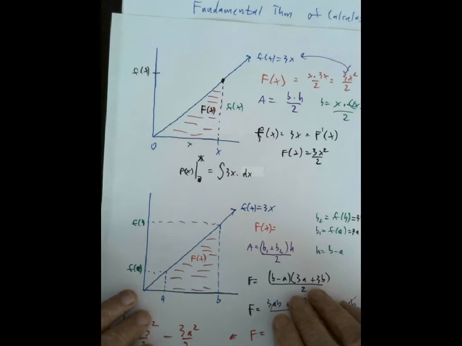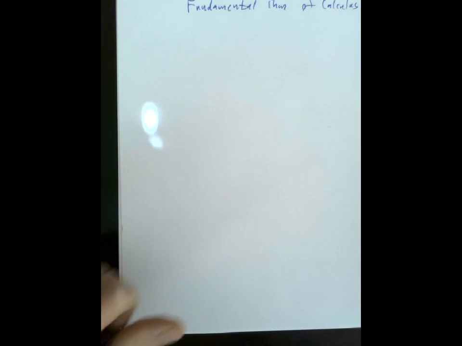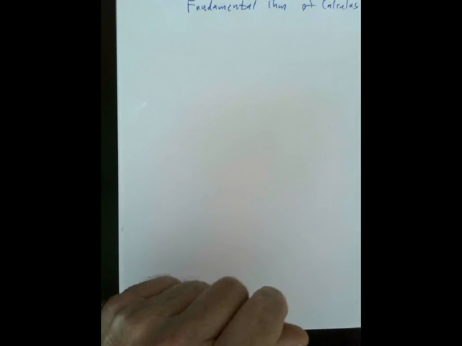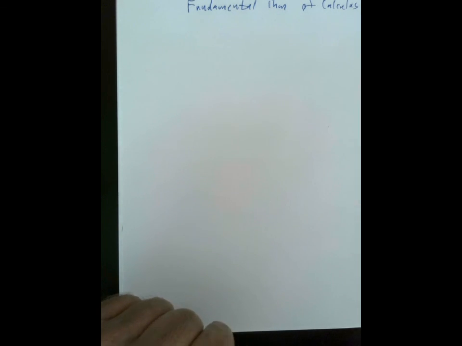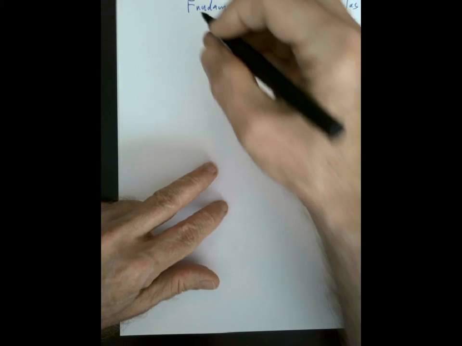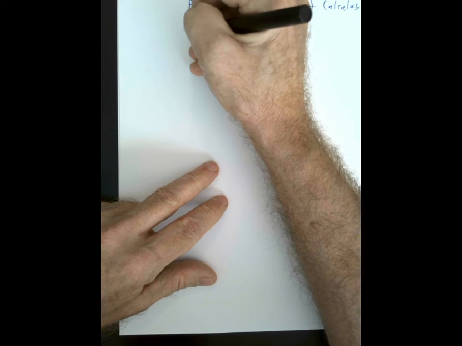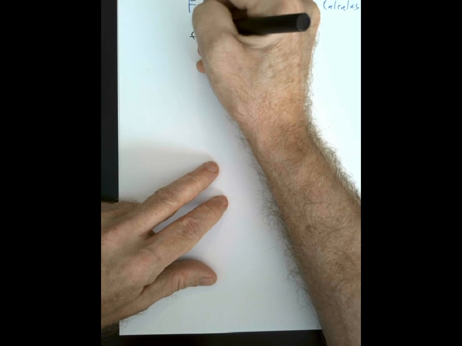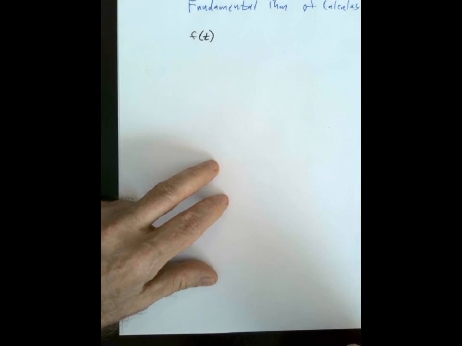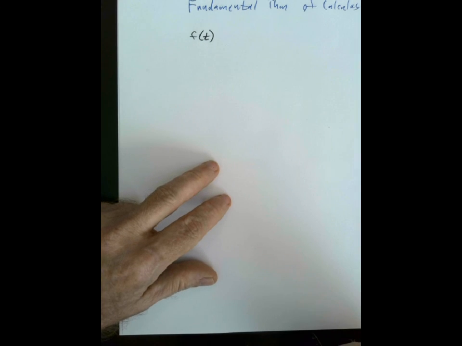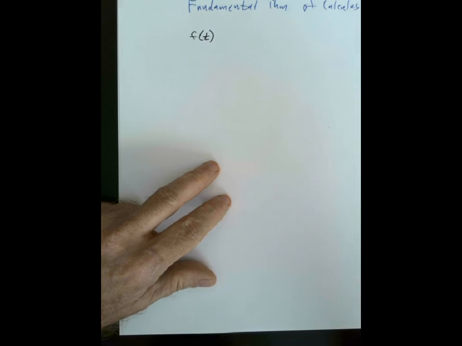Okay, so I'm going to put that aside here, and we're actually going to write it out. Fundamental theorem of calculus. We're coming back to that now. And it goes like this: if you've got some function f of t, and I'm going to switch to t here instead of x because it doesn't matter what the name of the variable is, and they tend to use t in the book because we're still thinking about time and distance.